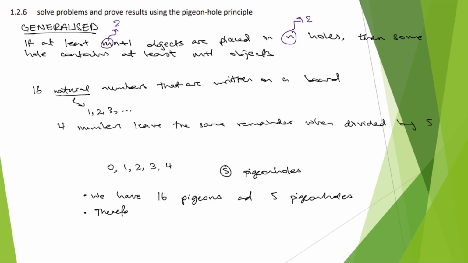Therefore, some hole will contain the ceiling of 16 over 5, which equals 4 pigeons, according to the pigeonhole principle.